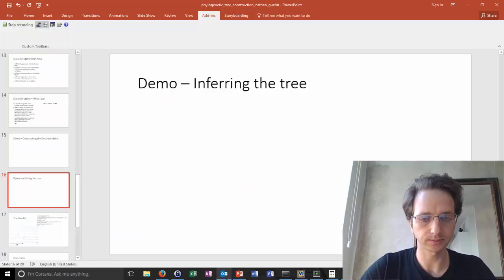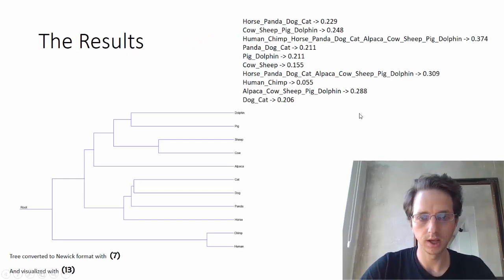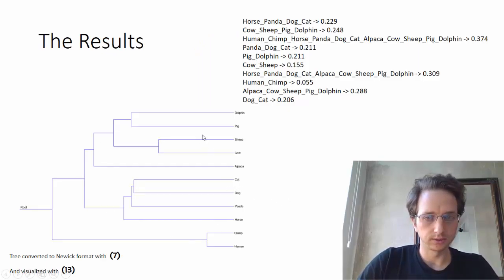Oops. And this is what it looks like. So here was the result of the UPGMA algorithm, and here is the phylogenetic tree.